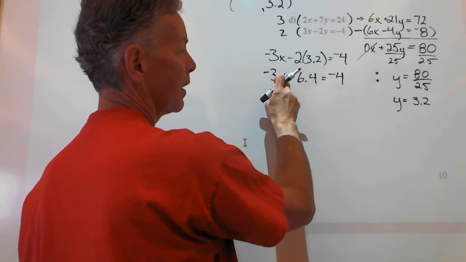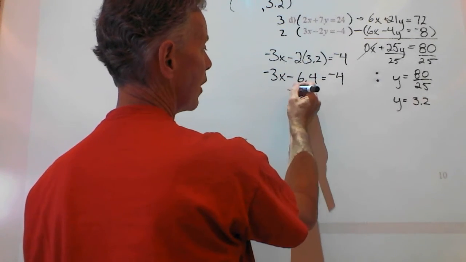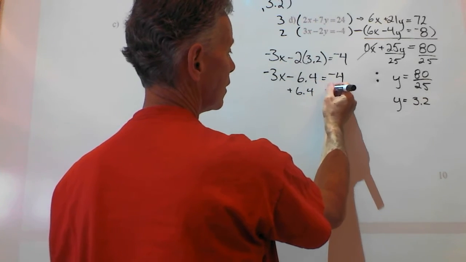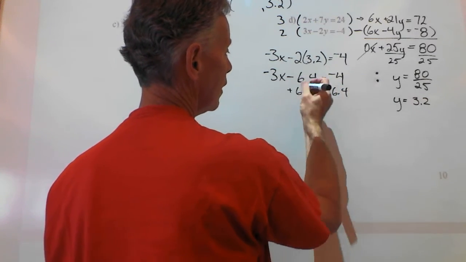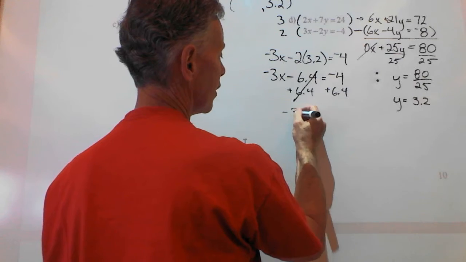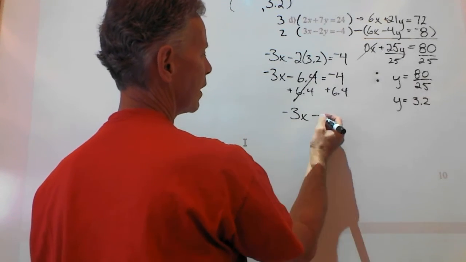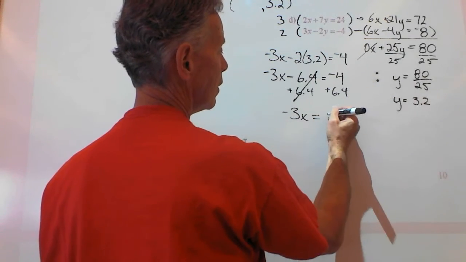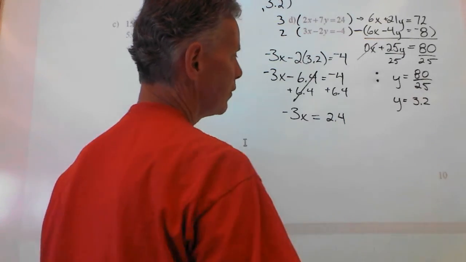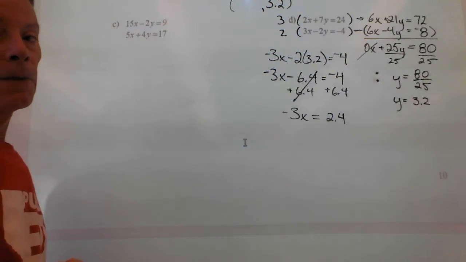Isolate. We want to get x all alone, do the adding and subtracting stuff first, so we're going to add 6.4 to both sides, canceling it here, leaving us with 3x equals positive 2.4. Okay?